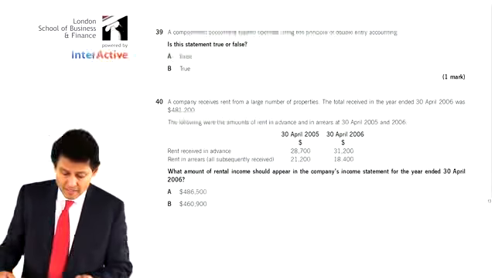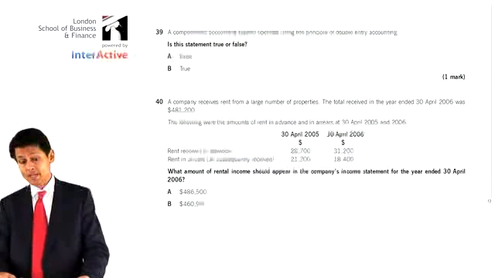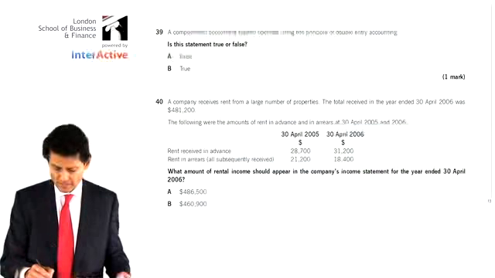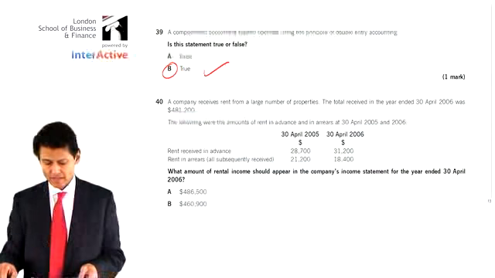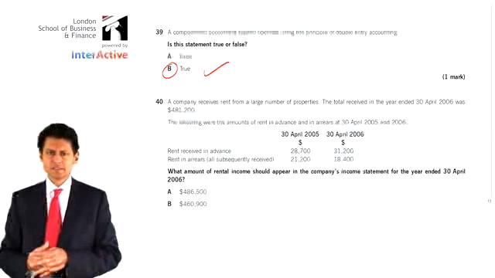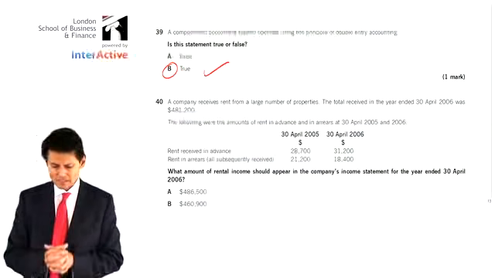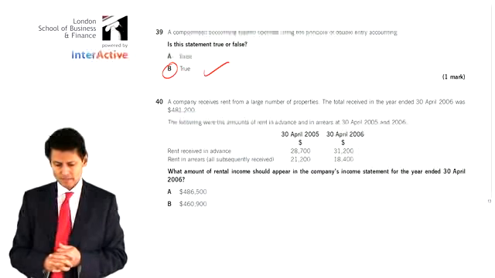A computerized accounting system operates using the principle of double-entry accounting. Of course it does. So that's true. Absolutely fine. How can it be false? How can you have a one-sided entry system? You see? So there you are.